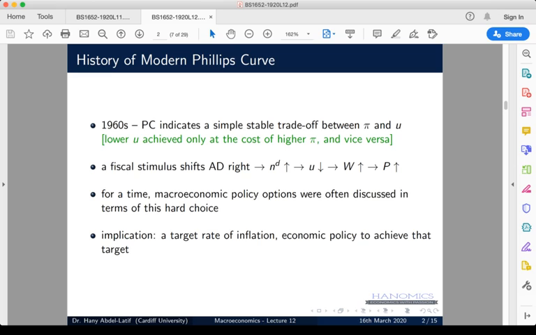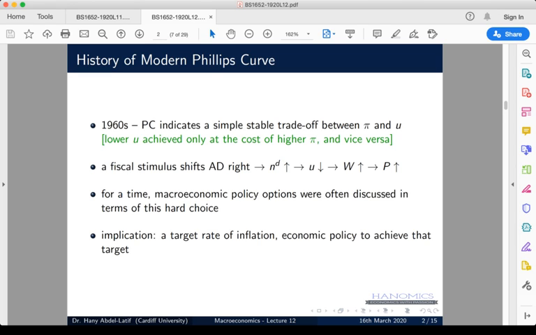And then if the unemployment rate is lower, as we discussed before when we talked about labor markets, during good times when the unemployment rate is low, firms compete to attract workers, and to do that they need to offer higher wages, and higher wages would mean higher costs for firms.